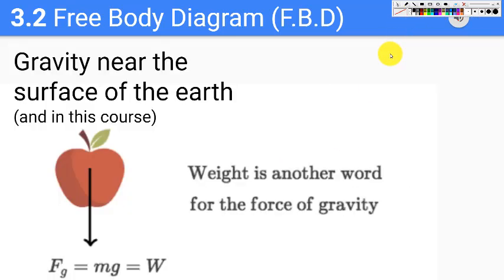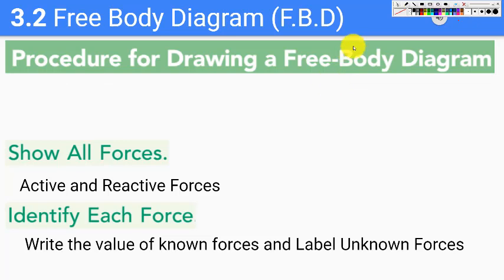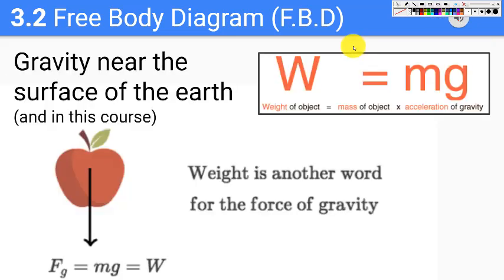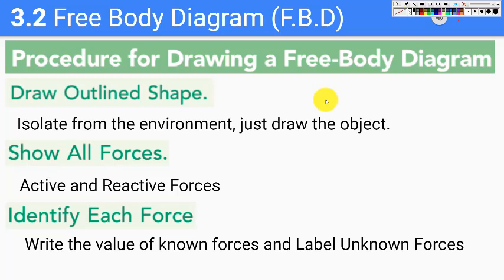Another thing we have already used many times, just to reiterate, is that gravity is a downward force equal to mass times the gravitational acceleration, and we would use its value to be 10 meter per second squared. So what is the procedure of drawing a free body diagram? First of all, we draw the outline shape.